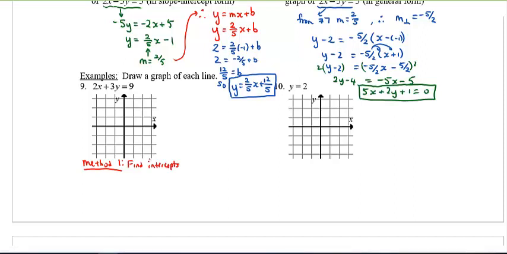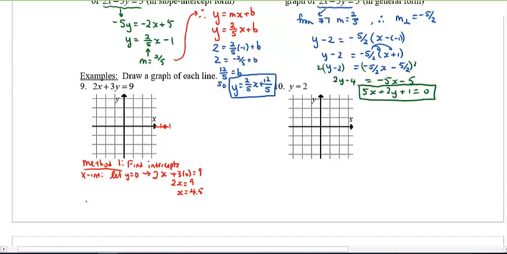So if I wanted to find the intercepts, to find the x-intercept first, the idea is you let y equal 0. So if I did that, I get 2x plus 3 times 0 equals 9. 2x equals 9, or x equals 4.5. Okay, so 1, 2, 3, 4.5, something like that.